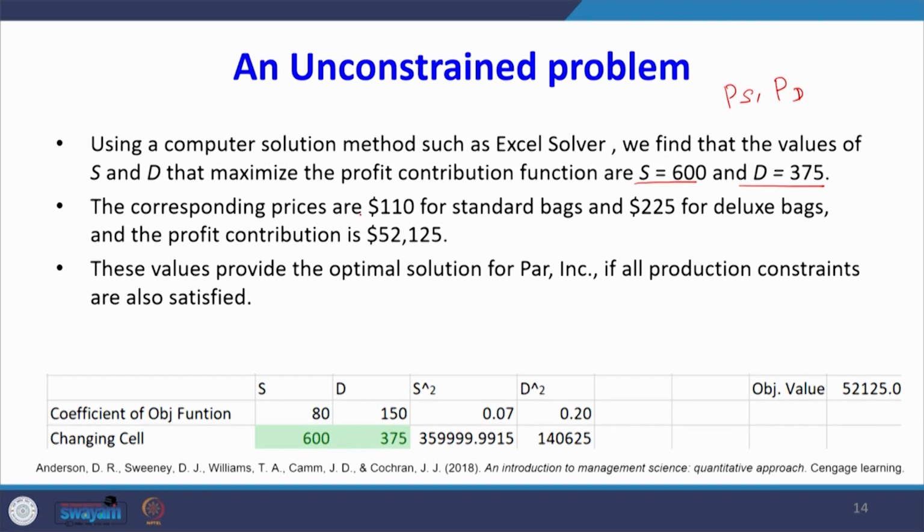The price of the standard bag will become 110. The price of the deluxe bag will become 225. Then the profit contribution will be 52,125. So, these values provide the optimal solution for the problem if all production constraints are also satisfied. But at present we did not consider the constraint because it is an unconstrained problem.